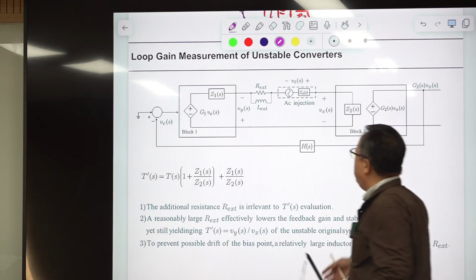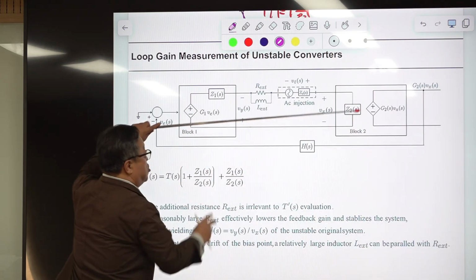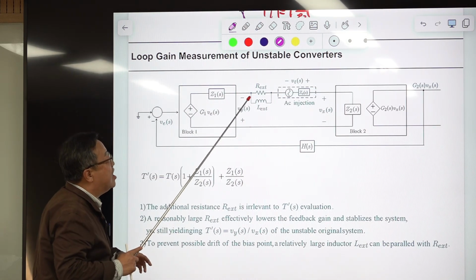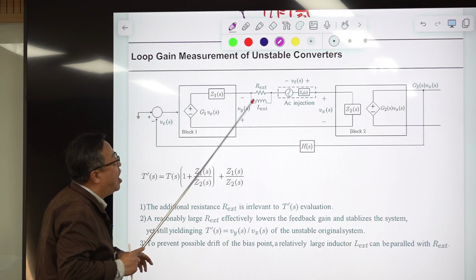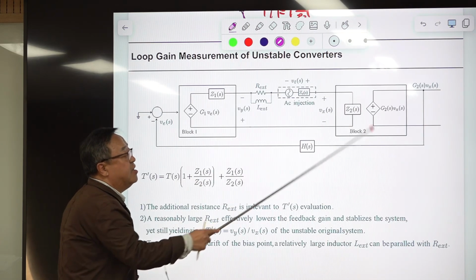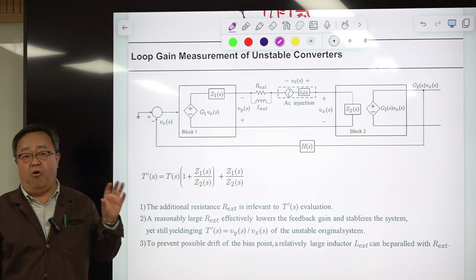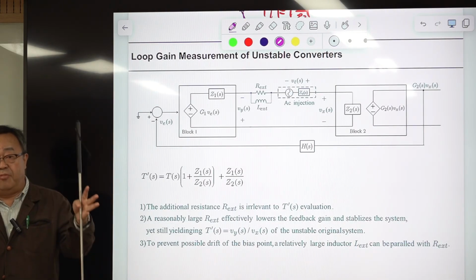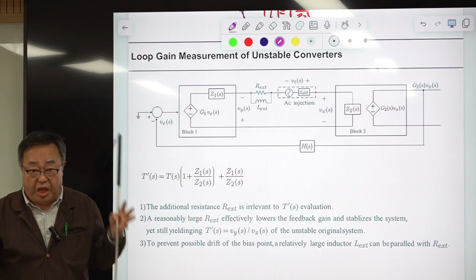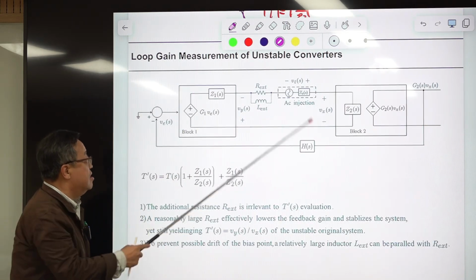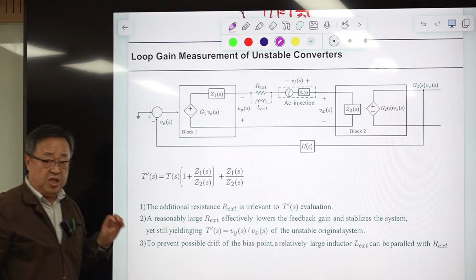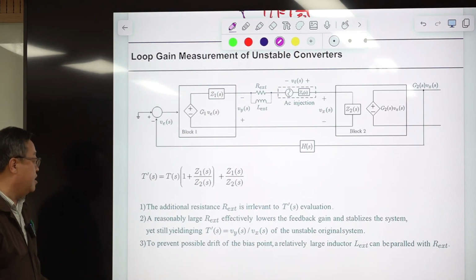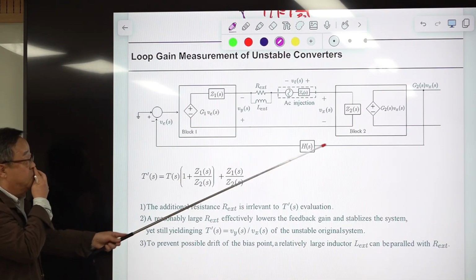So the AC feedback signal will pass through this and attenuate as desired, and the DC component of this signal will pass this, and it won't disturb the operating point that much. That will stabilize the operating point, and the AC feedback reduction will stabilize the AC feedback loop, and that allows us to measure this loop gain.